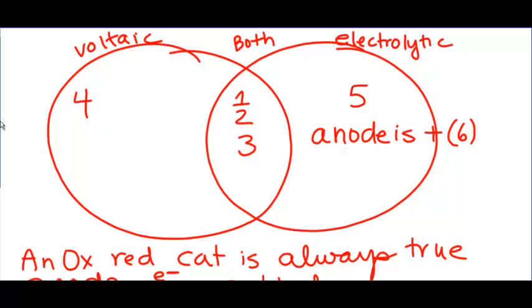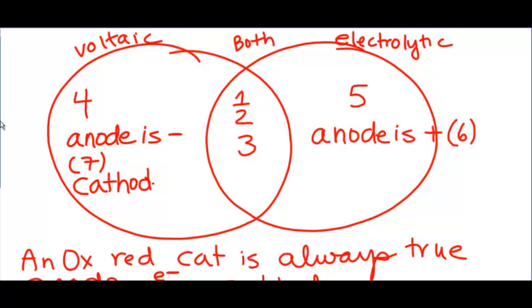As we drew in the voltaic cell, the anode was negative. Okay, another difference then is the charge of the cathode. In a voltaic cell, the cathode is positive. And in an electrolytic cell, the cathode is negative.